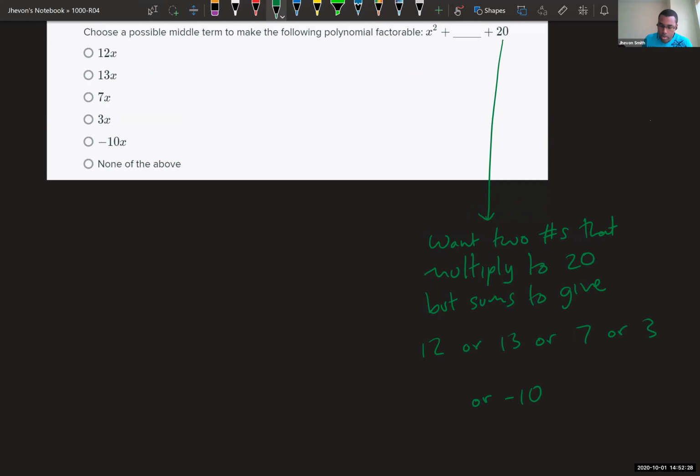But here you'll see that 12 can work out nicely because you can use 10 and 2. If you try a bunch of combinations, you'll realize that none of these other ones work. And so choosing 10 and 2 can make it work, and that leaves us with 12.